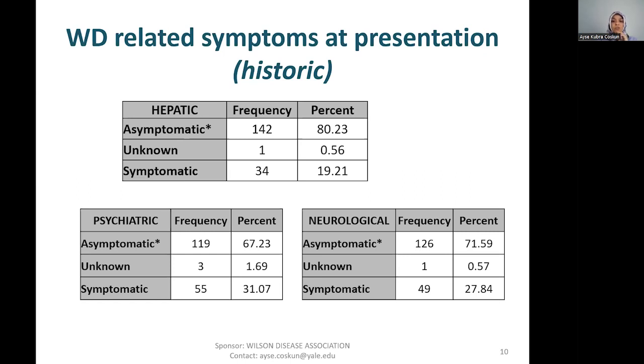So here is what we observed among our patients: 19.21% of them initially had hepatic symptoms only. 31% of them had psychiatric symptoms, and about 28% of them presented with neurologic symptoms. But please also note that some of these patients had symptoms in more than one category.